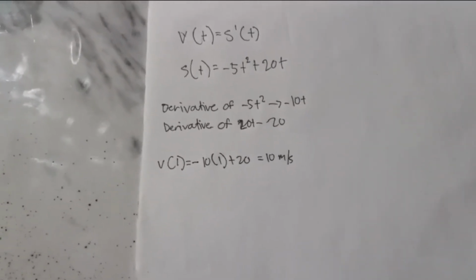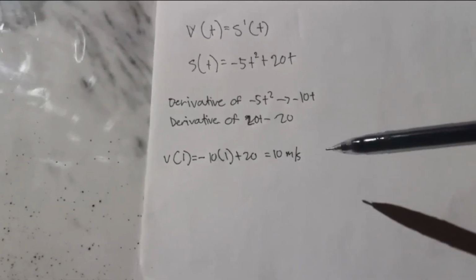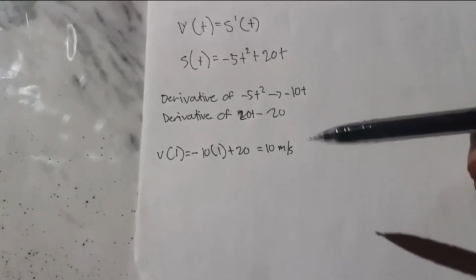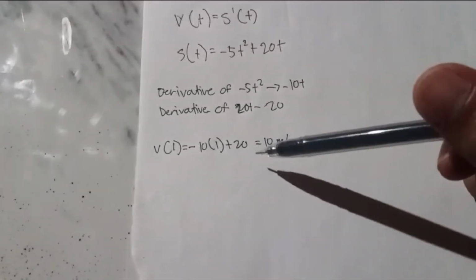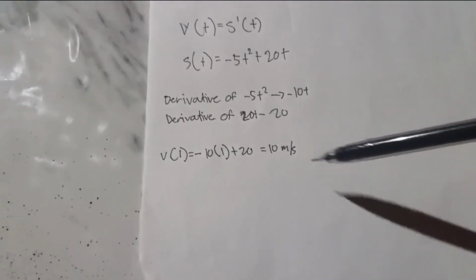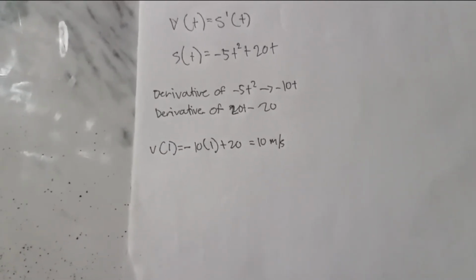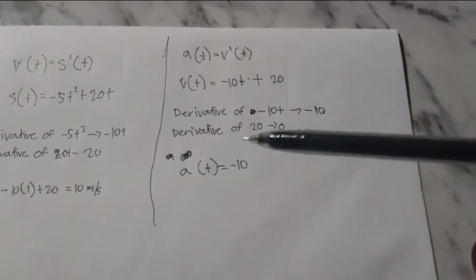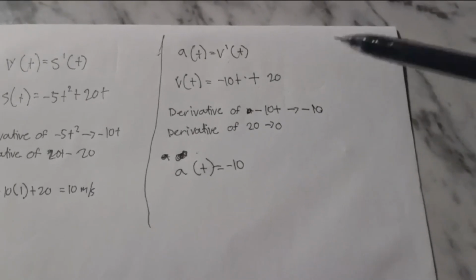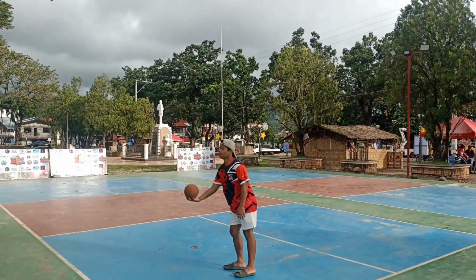Now let's find the velocity at 1 second. v of 1 equals negative 10 times 1 plus 20, which equals 10 meters per second, meaning the ball is still going upward at 10 meters per second. Next, the velocity will turn negative. As time increases, the velocity becomes 0 at the top, then negative when the ball starts falling.